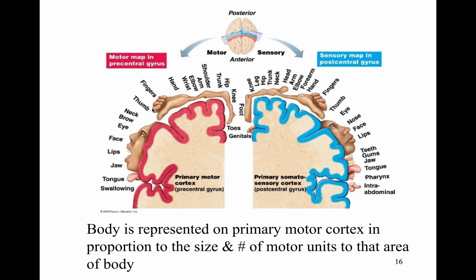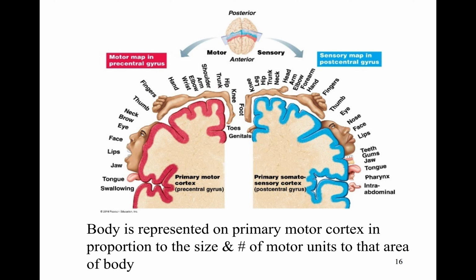So the thumb, the fingers, and the hand are shown much larger than some other body parts, which means that we have more motor units to that area of the body, most likely because we have very precise and skilled voluntary movements being carried out by our fingers and our thumb.